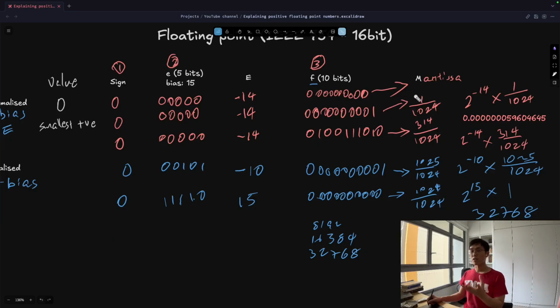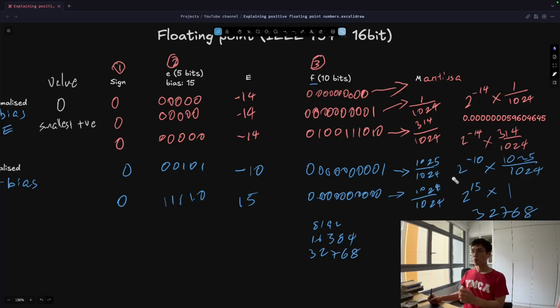For normalized numbers, similarly, get the fraction, same method, but we need to add 1, to get 1025 over 1024. Comparing these two, this is 1 over 1024, and this is 1025 over 1024.